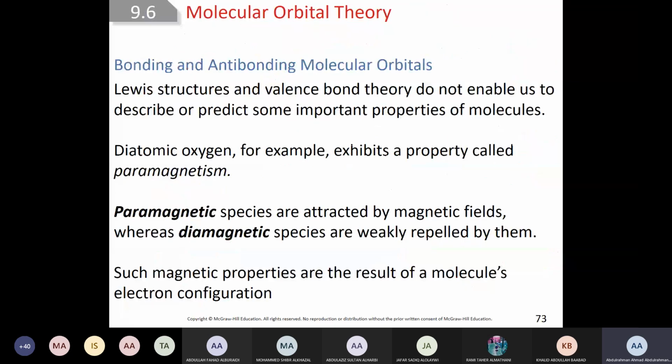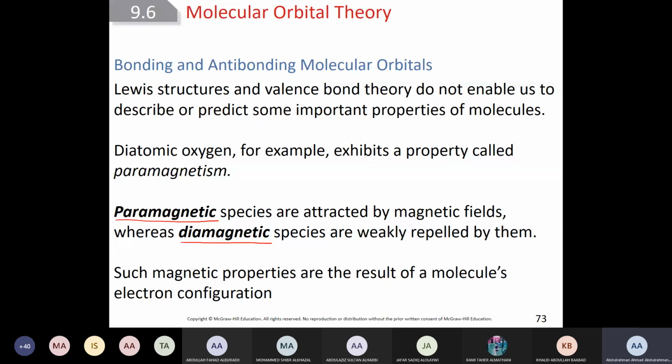Now, I want to define 2 things here. I want you to write these names and memorize them: paramagnetic and diamagnetic. What does paramagnetic mean, and what's diamagnetic?